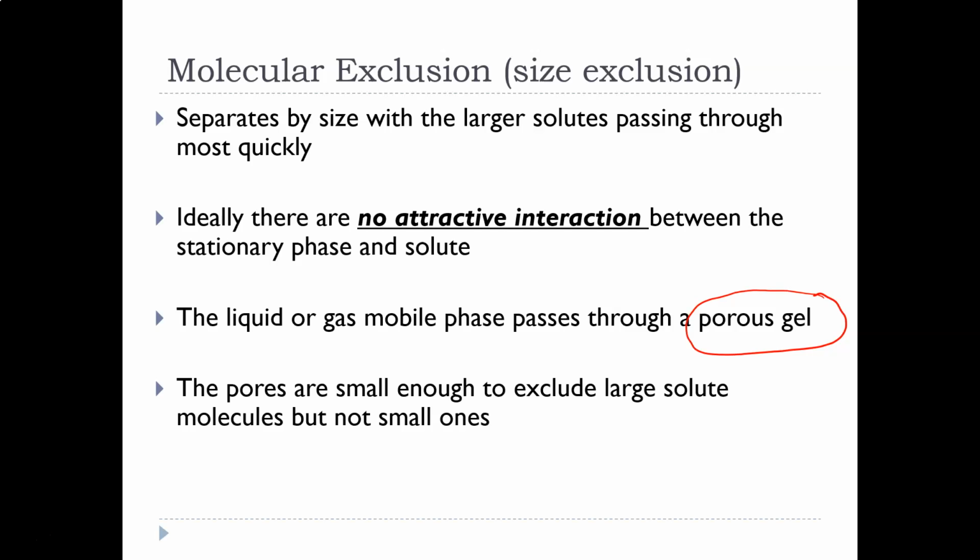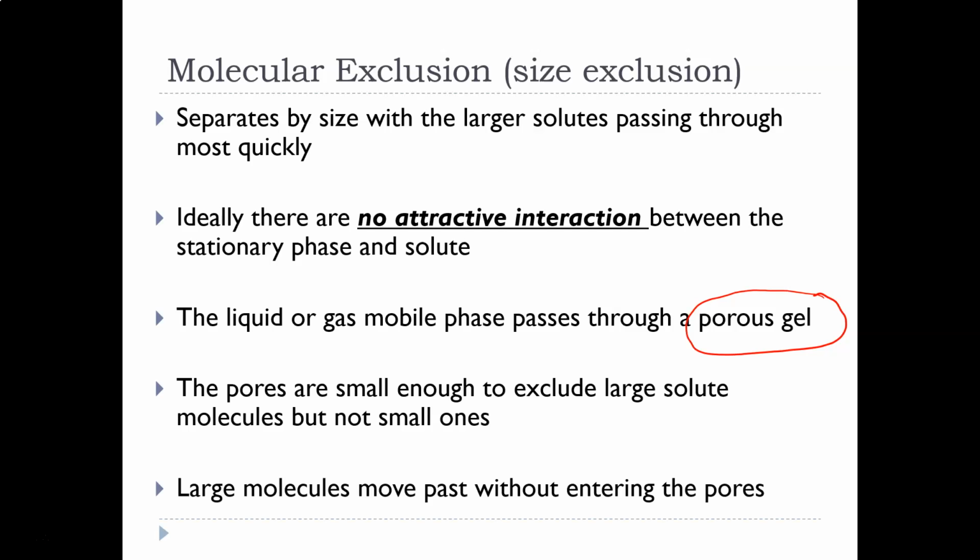And molecules that are larger than the holes, well, they can't fit through the gel. So what happens is they just get shoved to the side and they move through without going through the pores because they can't fit within the pores. So the really large molecules, kind of like with ion exchange, where if the positive ions were attracted to the stationary phase, the negative ions just went straight on through. Okay.